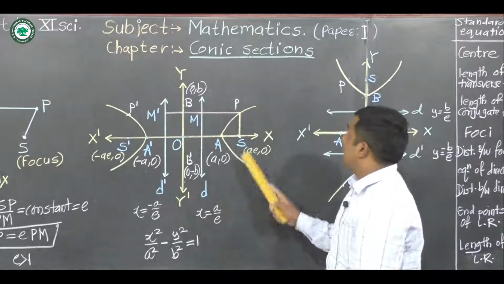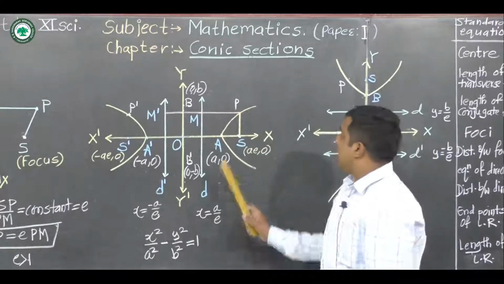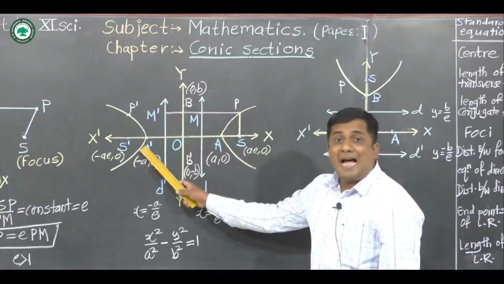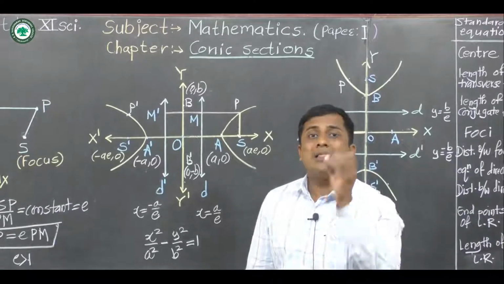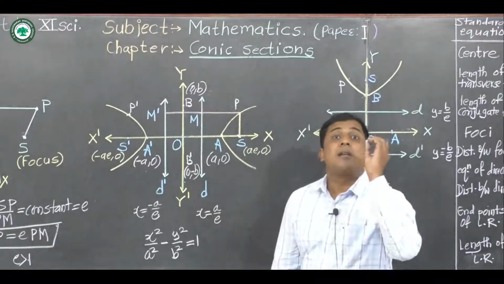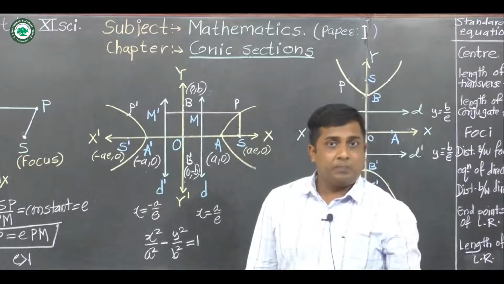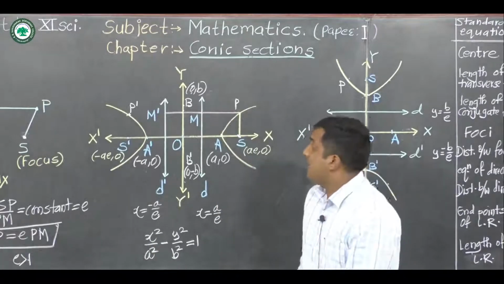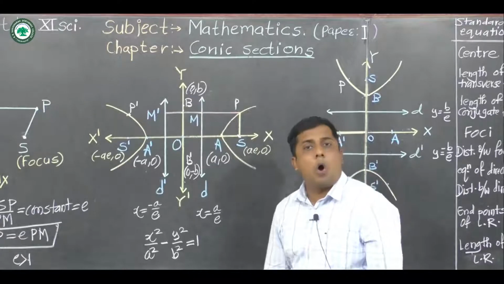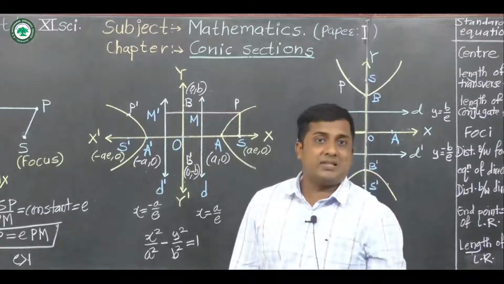Here remember this x-axis, that is, a dash a, this length, we call this axis the transverse axis. Here the x-axis is called the transverse axis and the y-axis is called the conjugate axis.